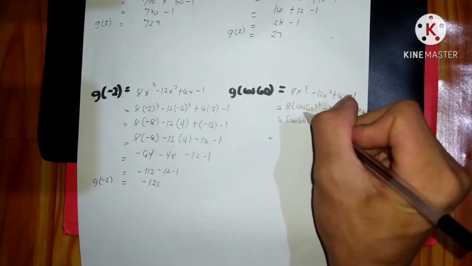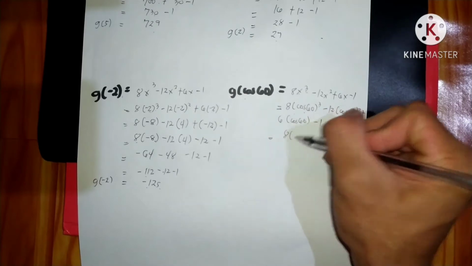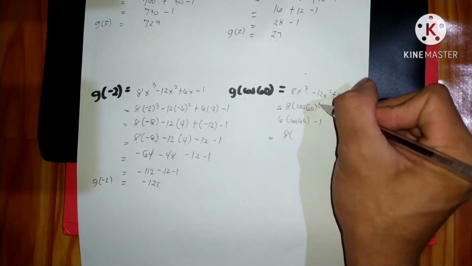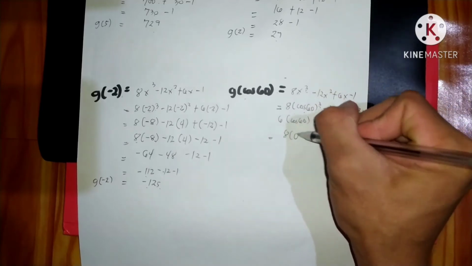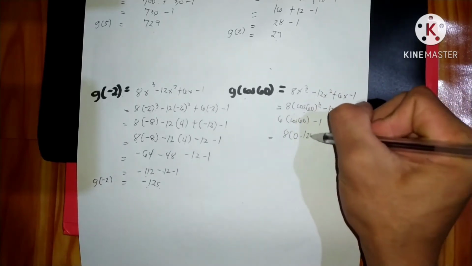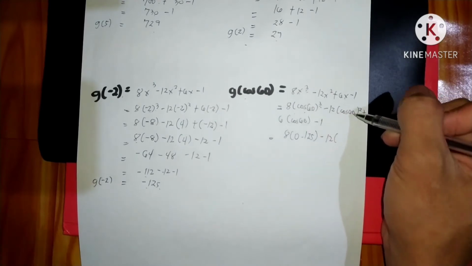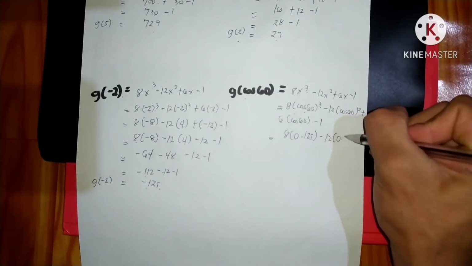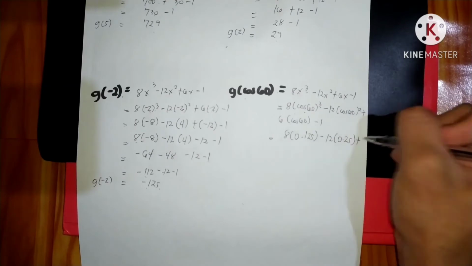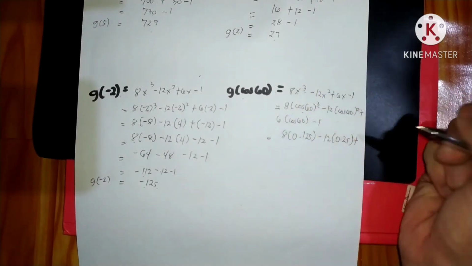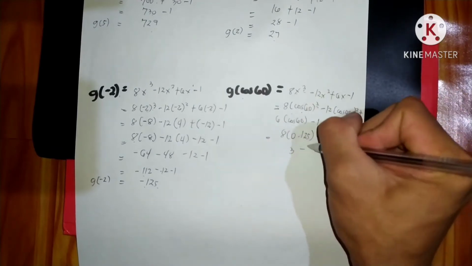So, 8 times cos 60 cubed. So, ang cos 60 cubed maging 0.125 minus 12 cos 60 squared is equals to 0.25 plus 6 times cos 60 is equals to 3 minus 1.